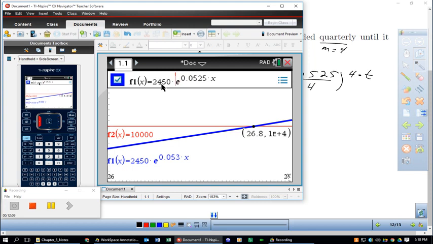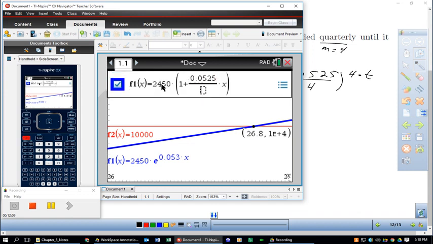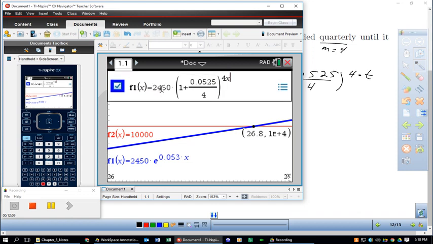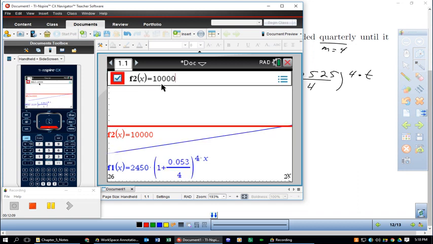So P times 1 plus our interest rate over 4 to the 4x. And we want to win $10,000, which if we go down, $10,000 already. Okay, so everything is all set for us to use this.